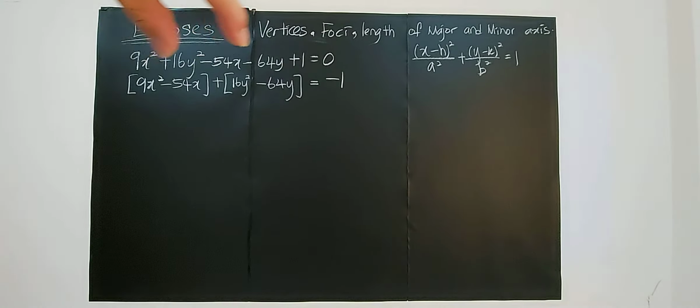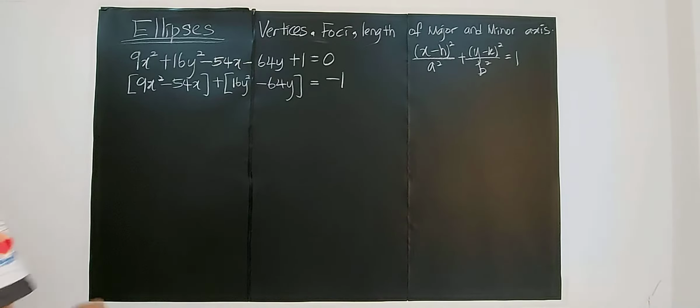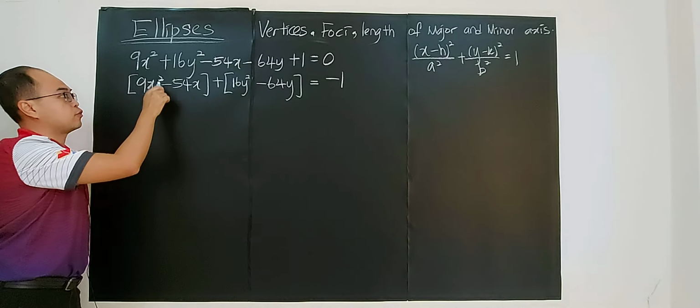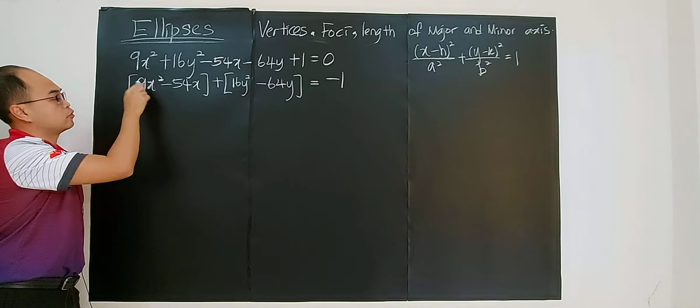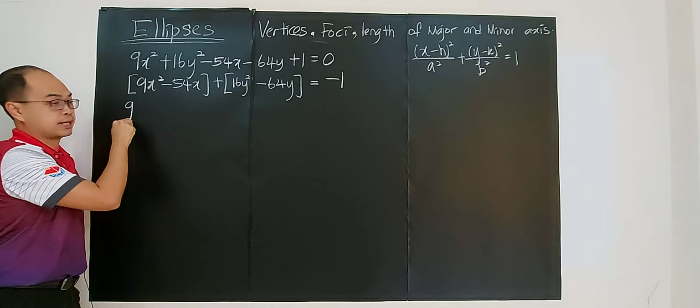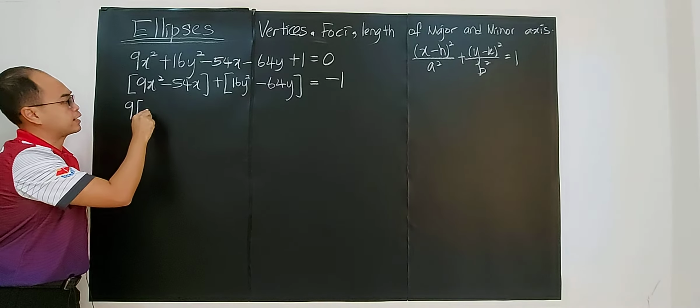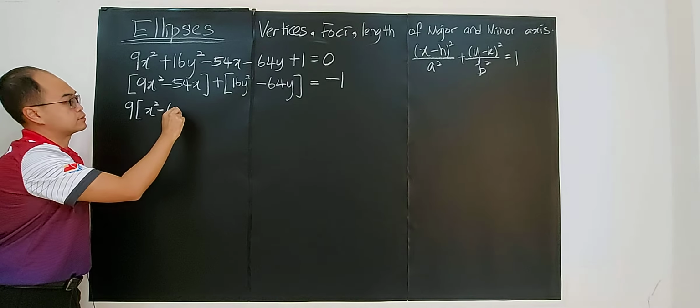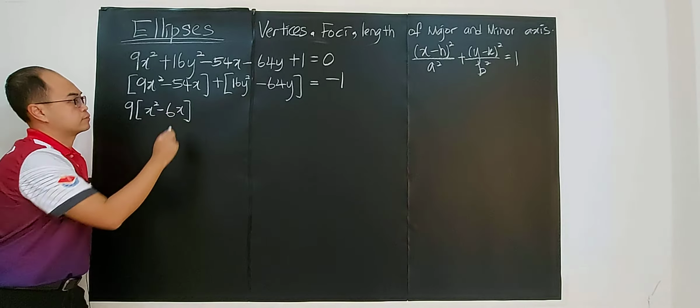For each of these brackets, I'm going to do completing the square. Before I do completing the square, you have to understand that the coefficient for x square must be 1, right? So in this case, I'm going to factorize the 9, then I have x square minus 6x.